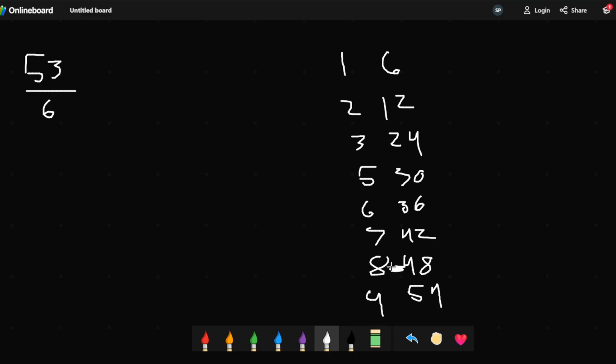Now that you found the highest multiple of 6, you get the highest multiple that could fit into 53, which is 48, and then you plus it by 5 over 6, because the denominator always has to stay the same no matter what.